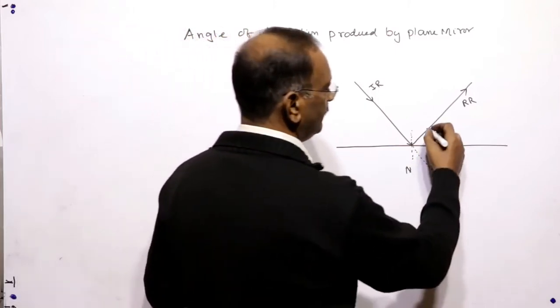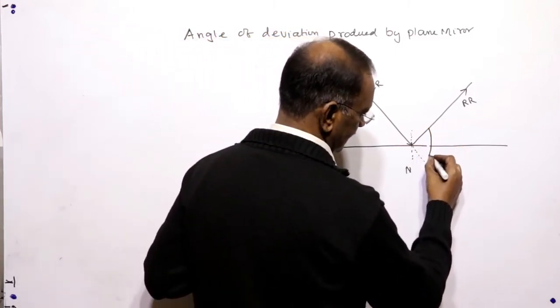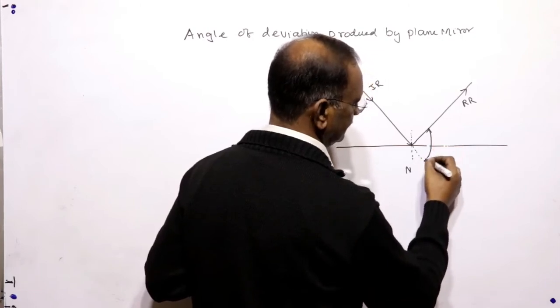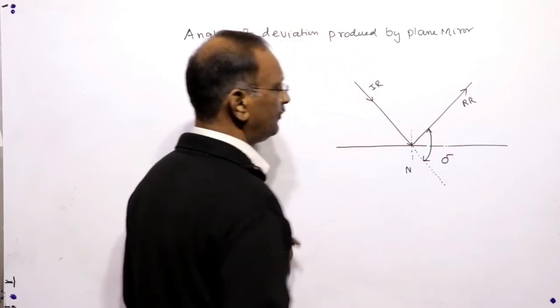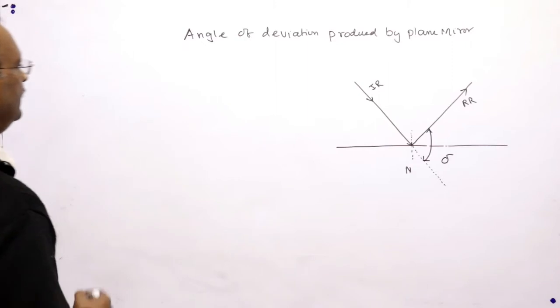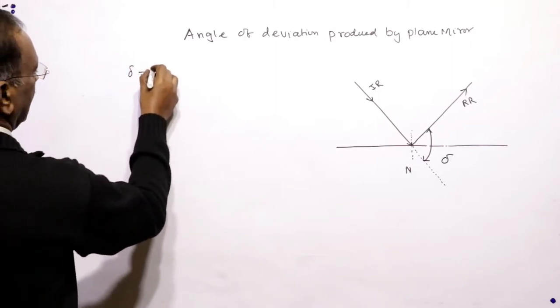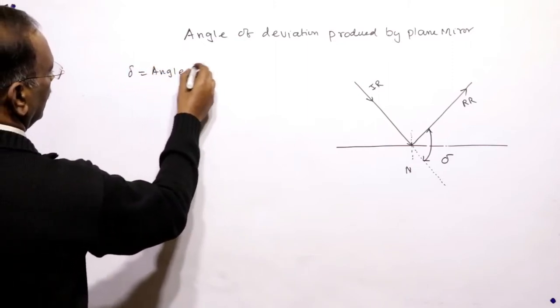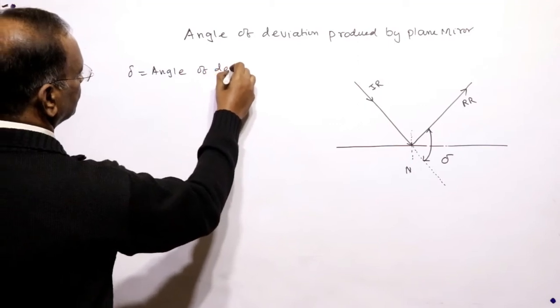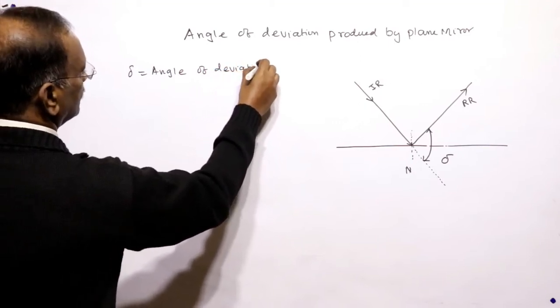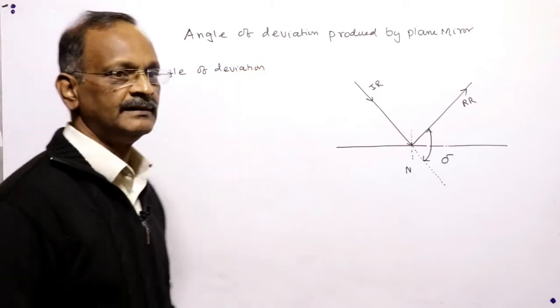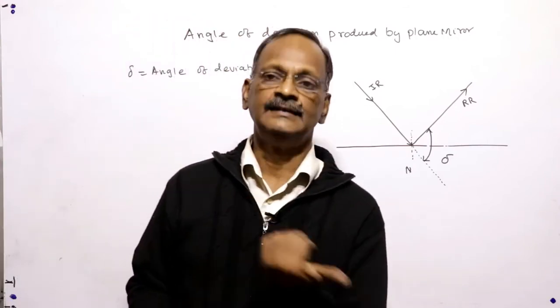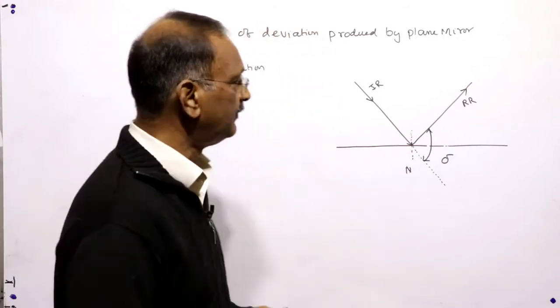But the angle between this direction and the reflected ray is called the angle of deviation. So angle of deviation is nothing but the angle between the initial ray direction and the reflected ray.